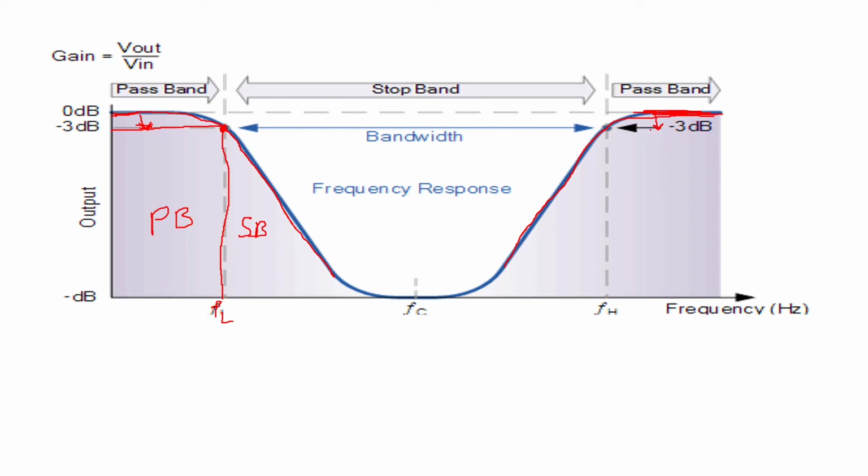If you come down to minus 3 decibels, you will get a point here, which you can mark as FH. This is the cutoff frequency of the high pass filter. As we have seen, the center frequency FC will be the square root of FL into FH. Here, the frequencies from FL to FH will be blocked, will be stopped.